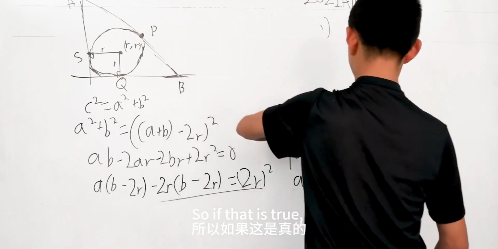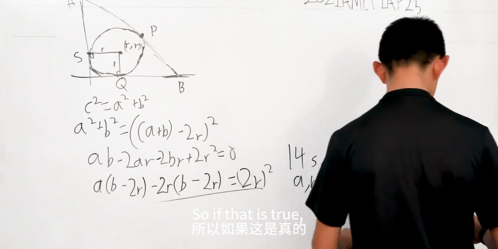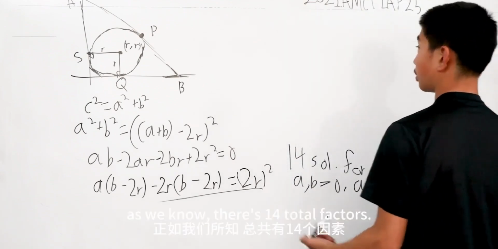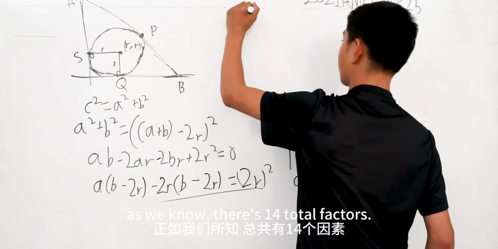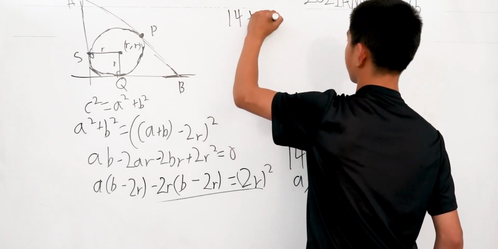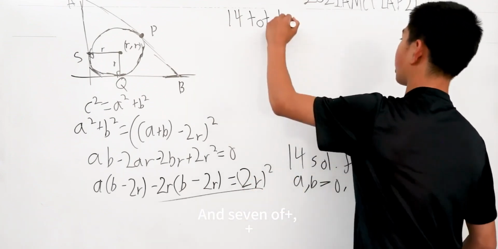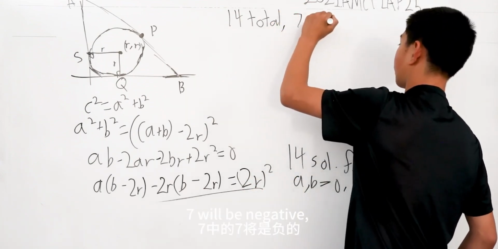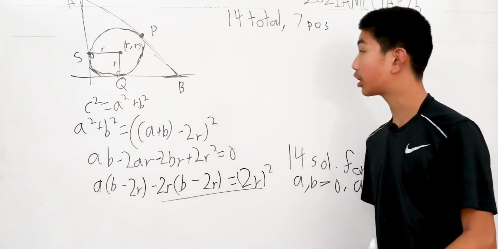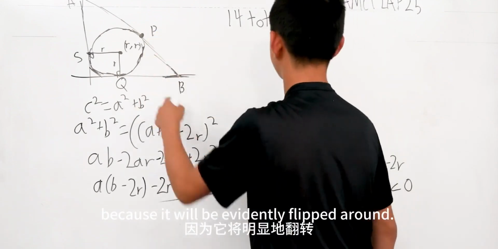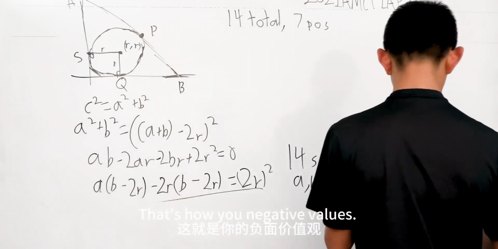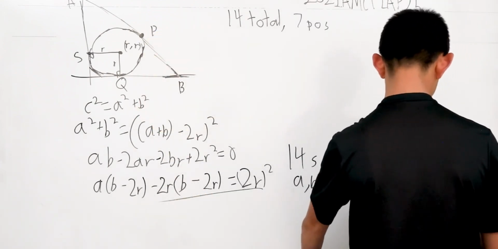So if that is true, we know there's 14 total factors, and 7 of them will be positive, 7 will be negative, because it will be flipped around. That's how you get negative values.